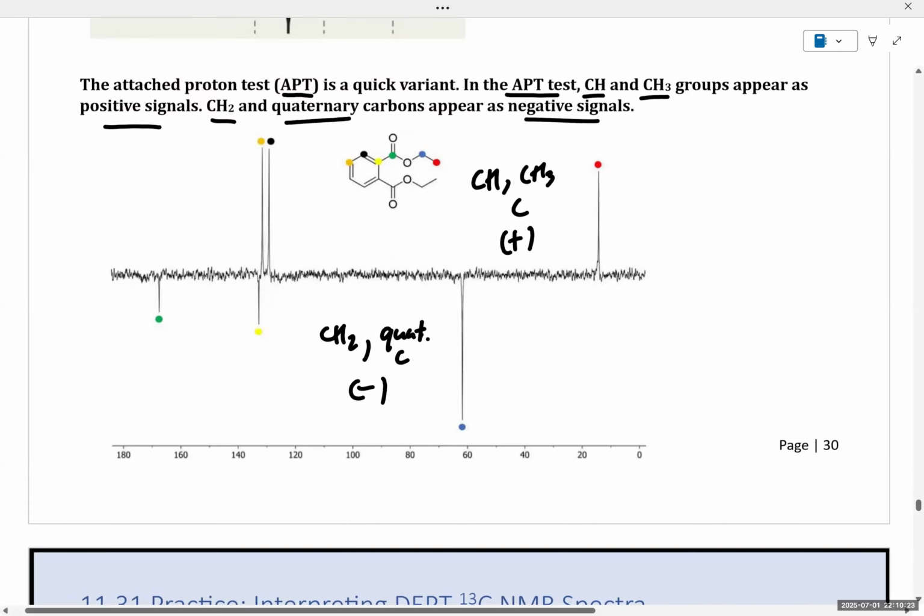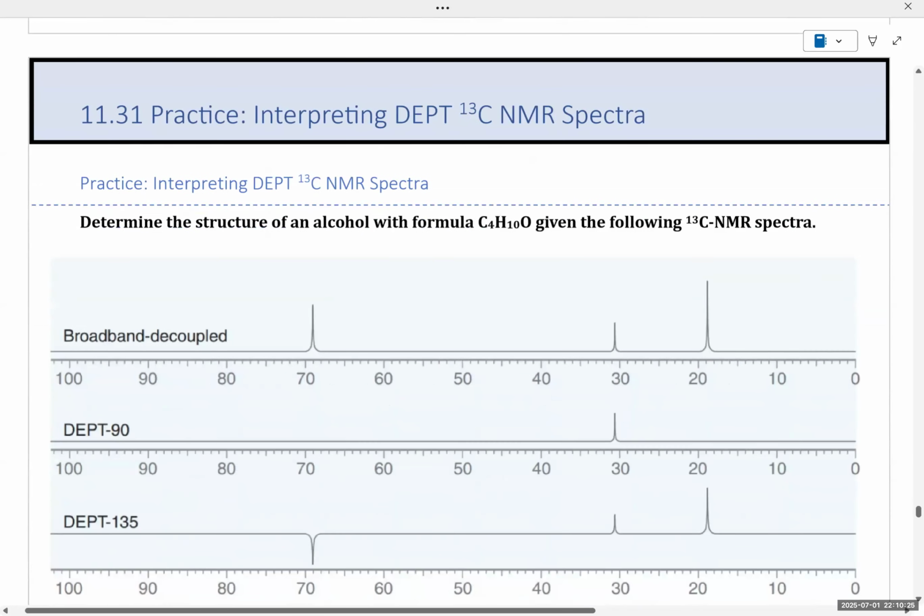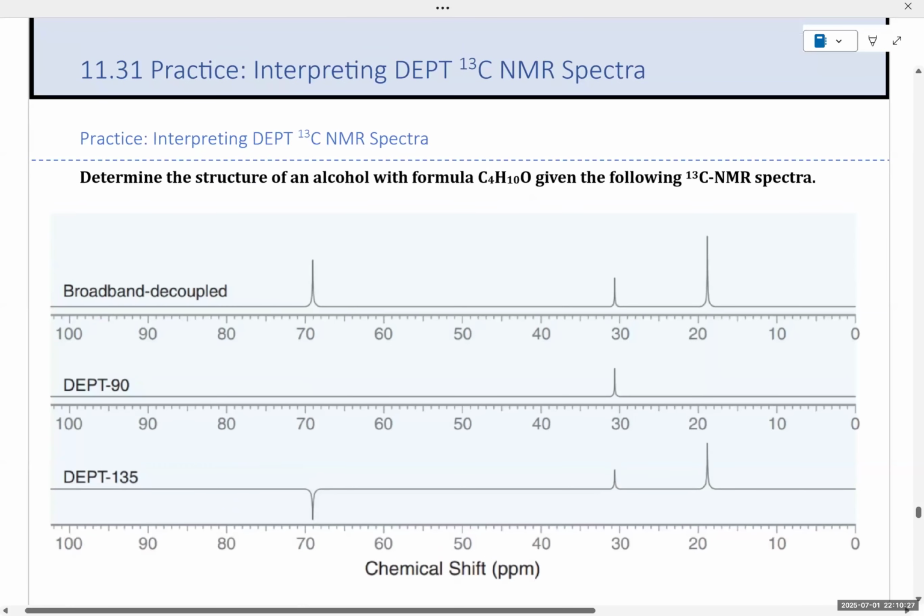Okay, let's keep going. Let's do some practice now interpreting DEPT carbon-13 NMR spectra. So we have the carbon-13 NMR spectra, the DEPT-90, and the DEPT-135 spectra. Here we're asked to determine the structure of an alcohol with the formula of C4H10O given the following NMR spectra.